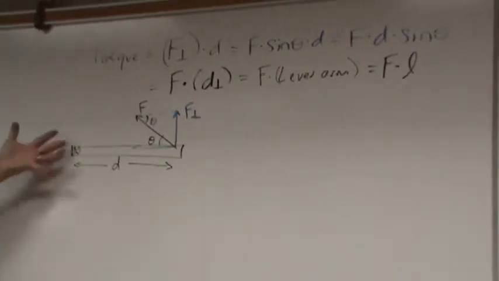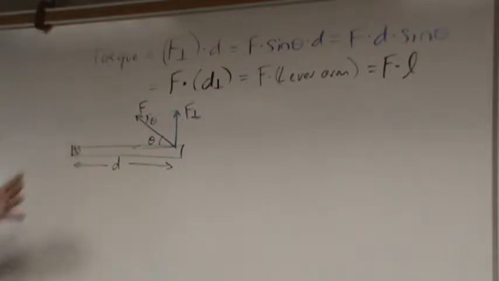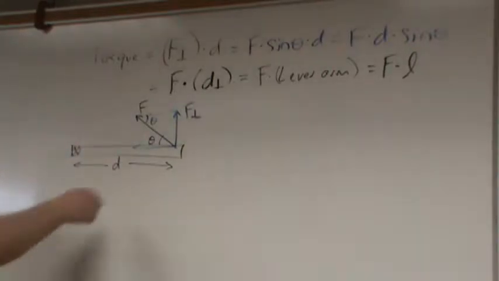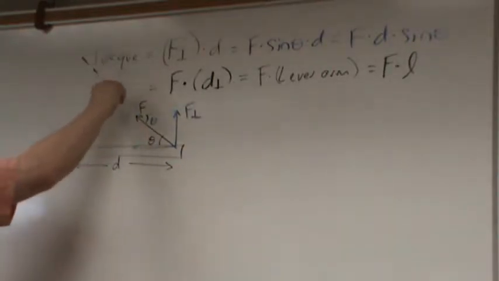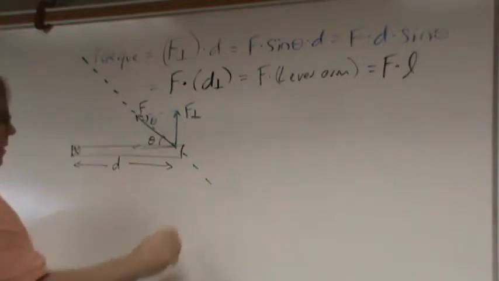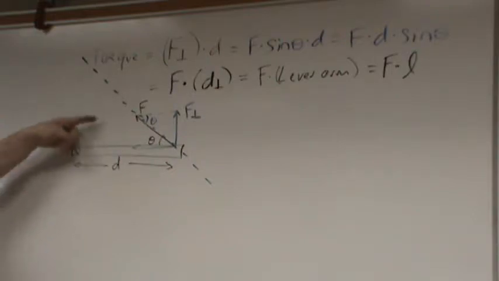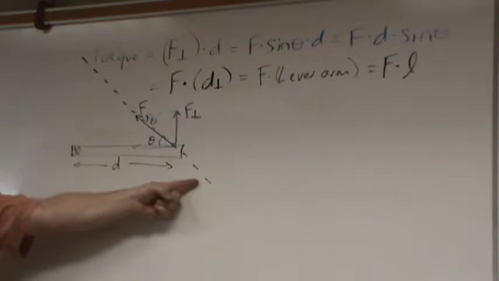Let me demonstrate what lever arm is on a problem like this. This is the direction of my force. What's the component of this door perpendicular to the direction of my force? By the way, there's a name for this green dotted line.